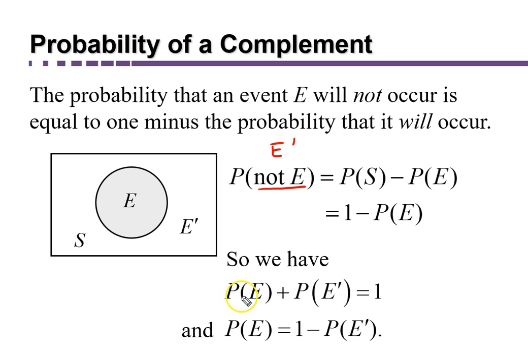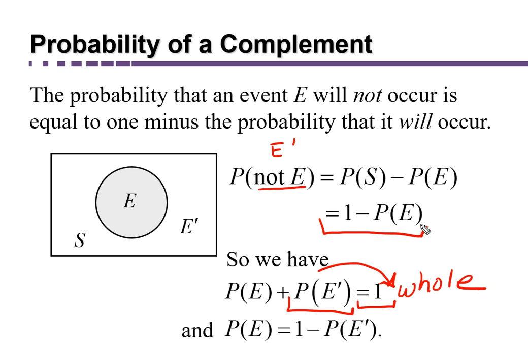So if we have E and the complement, that adds up to 1, the whole. Now if we use a little algebra here, we can take this, move it to the other side. On the other side it just changes its sign, and we get this. Okay? And that is, in a sense, what we have here. Let's go on.